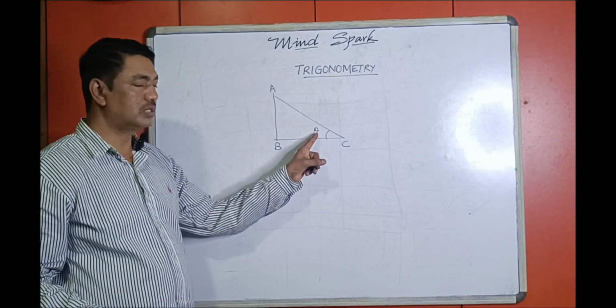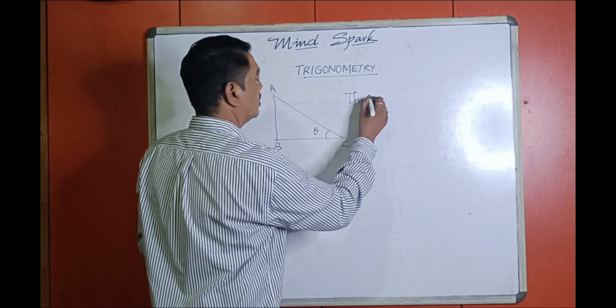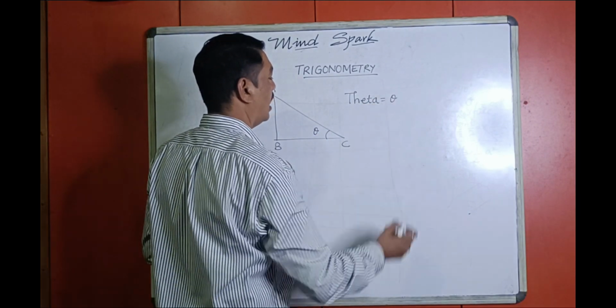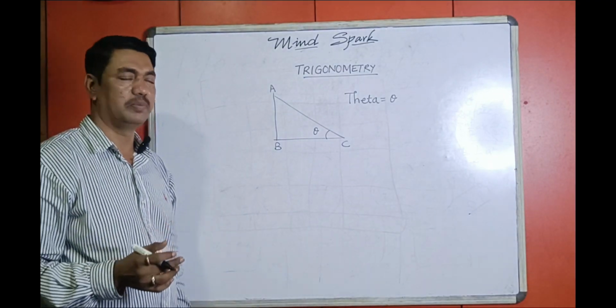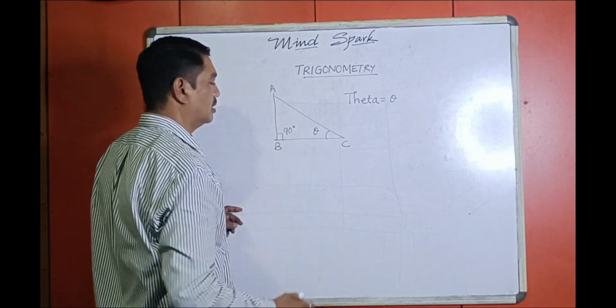Theta is written like this. Theta represents an angle. And the triangle we take here is a right angle triangle.